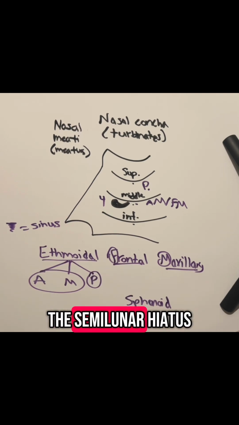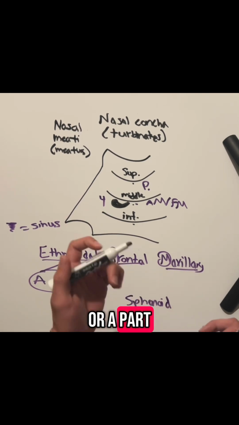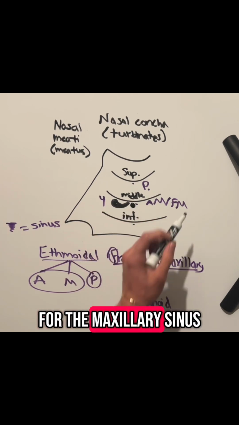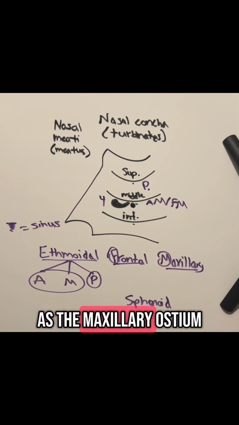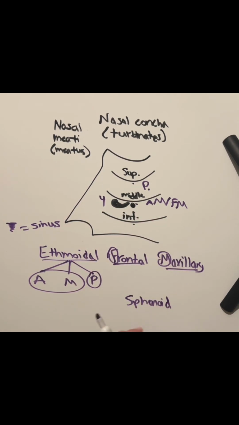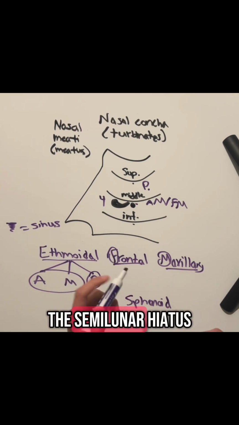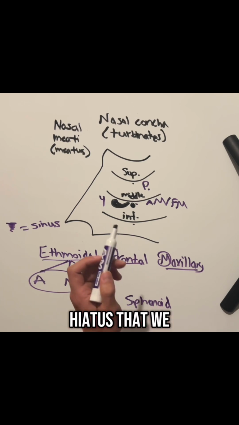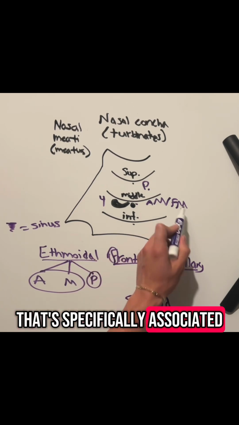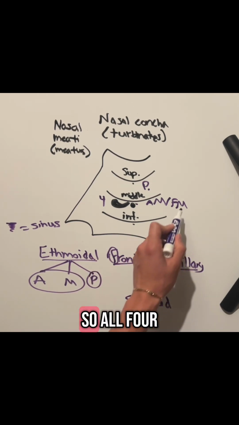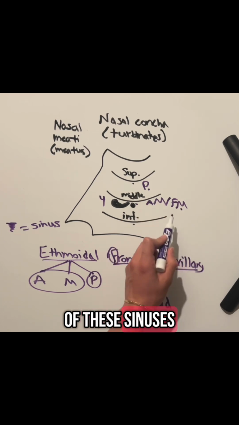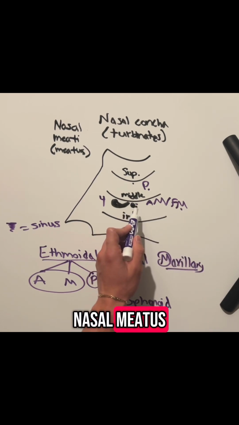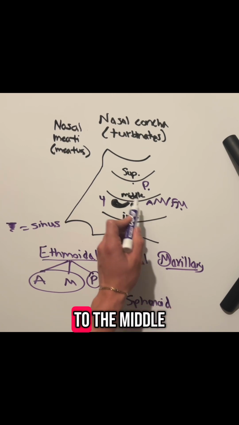Aside from that, we will also see an opening for the maxillary sinus, also known as the maxillary ostium. That's a distinct feature of the semilunar hiatus that we can see, and it's specifically associated with the maxillary sinus. So all 4 of these sinuses drain through the semilunar hiatus within the middle nasal meatus, which sits inferior to the middle nasal concha.